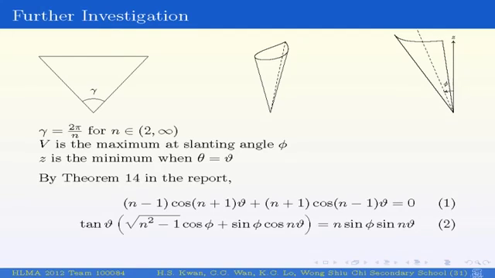We can assume that V is the maximum, that is the capacity is the maximum, at a slanting angle of phi, whereas the water depth is obtained when theta is this curly theta. We can still use theorem 14 because these results do not rely on the assumption that n is an integer.